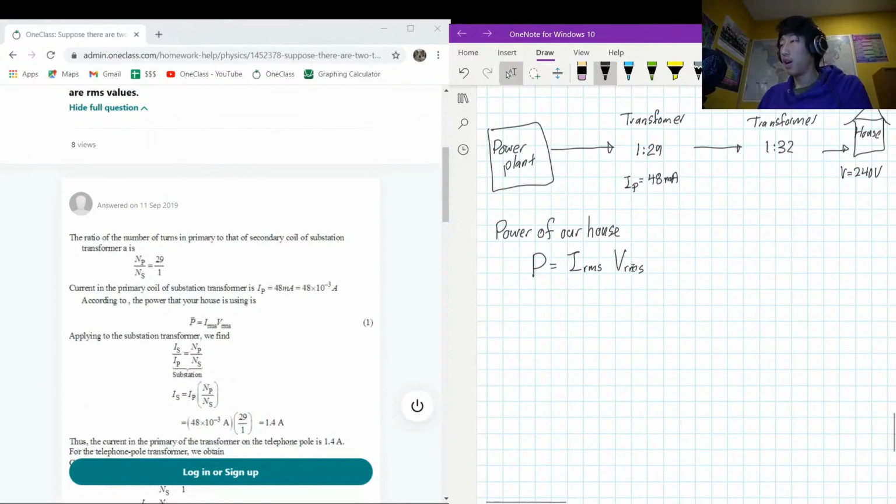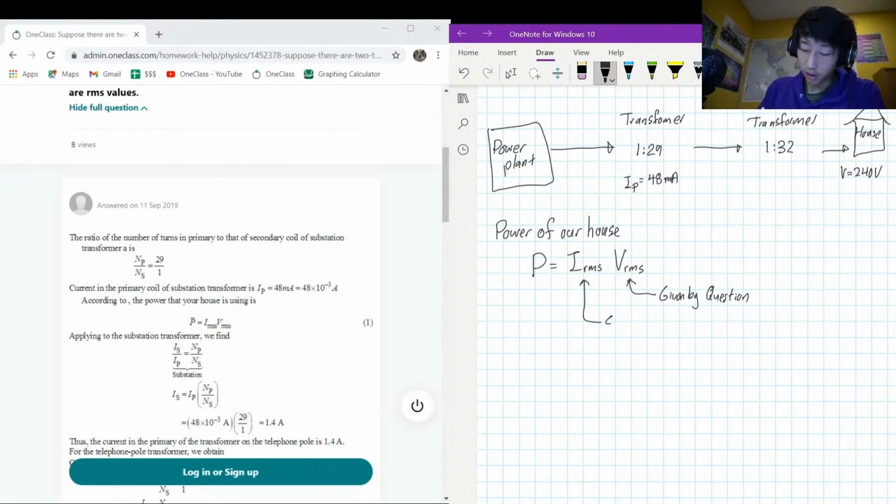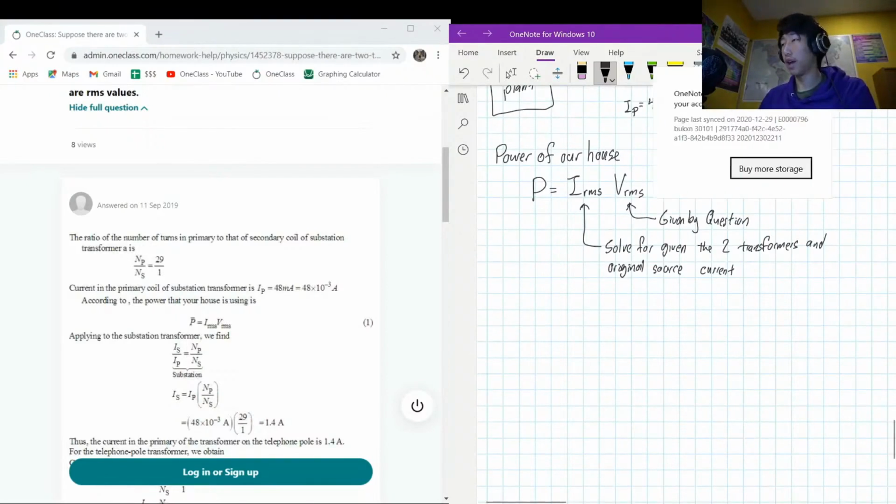We know that V RMS is given by the question, and this we need to solve for, given the two transformers and the original source current.